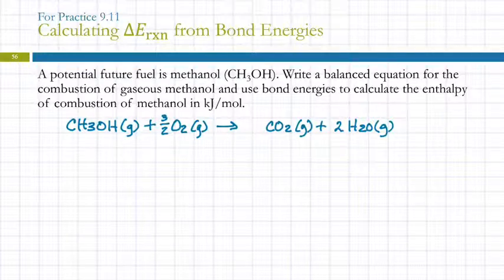Okay, so use bond energies to calculate the enthalpy of combustion. So we could analyze this and figure out which of these bonds are broken, which ones remain intact, and which ones are formed. That involves a lot of thinking, in my opinion.